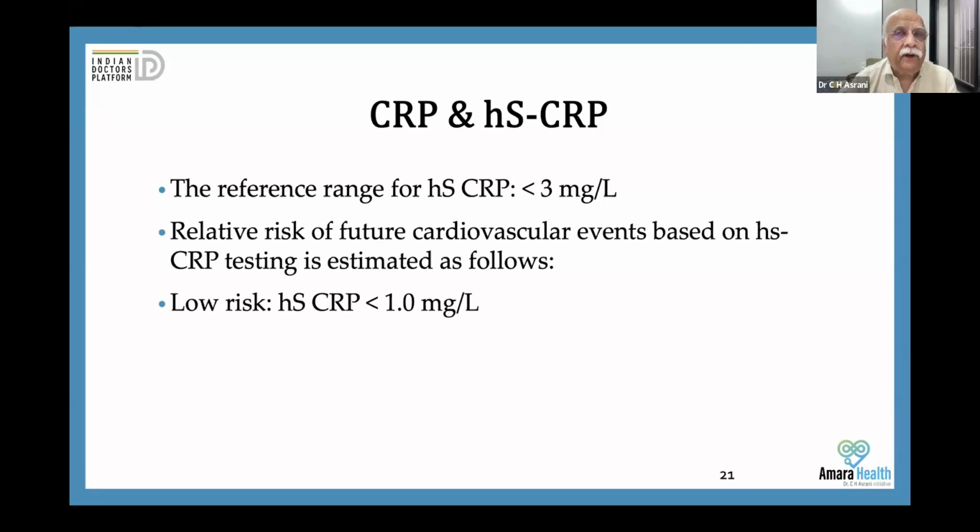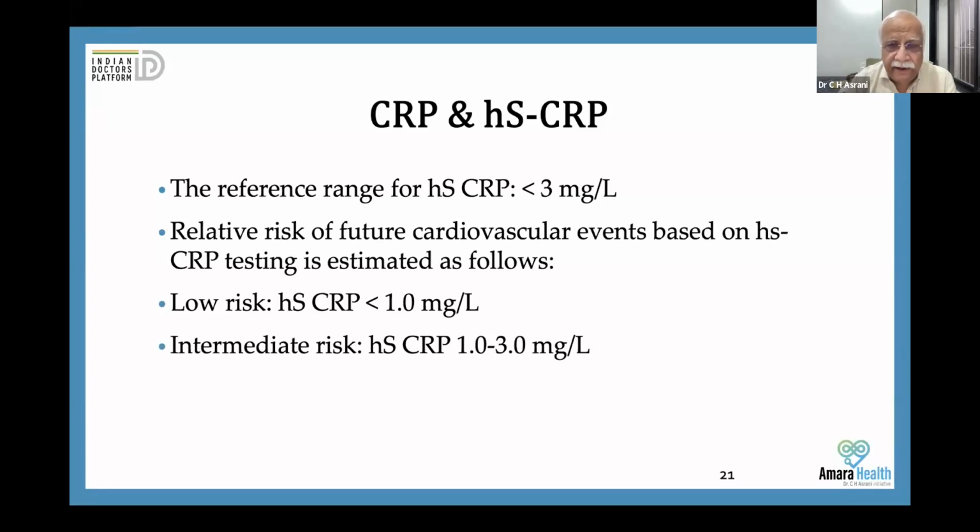Low risk, below 1, intermediate risk 1 to 3, and high risk above 3. This is in a patient who has an ASCVD risk of 10 to 20% of infarct in the next 10 years as per Framingham score.